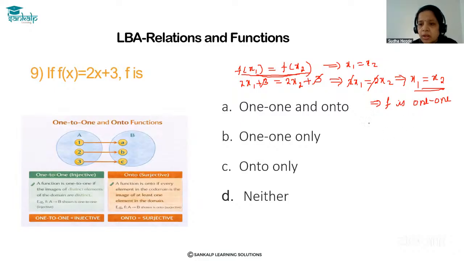Next, to prove onto, you take f of x is equal to y. Okay? But f of x is given as 2x plus 3.